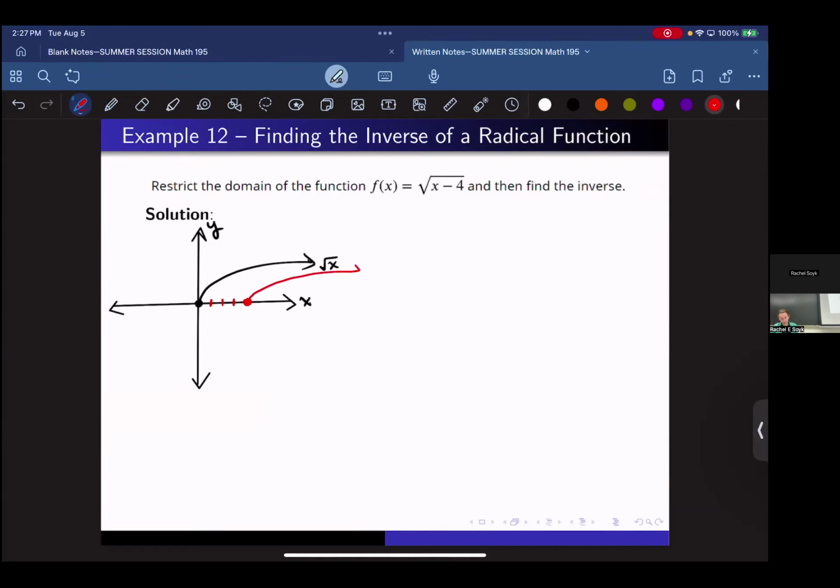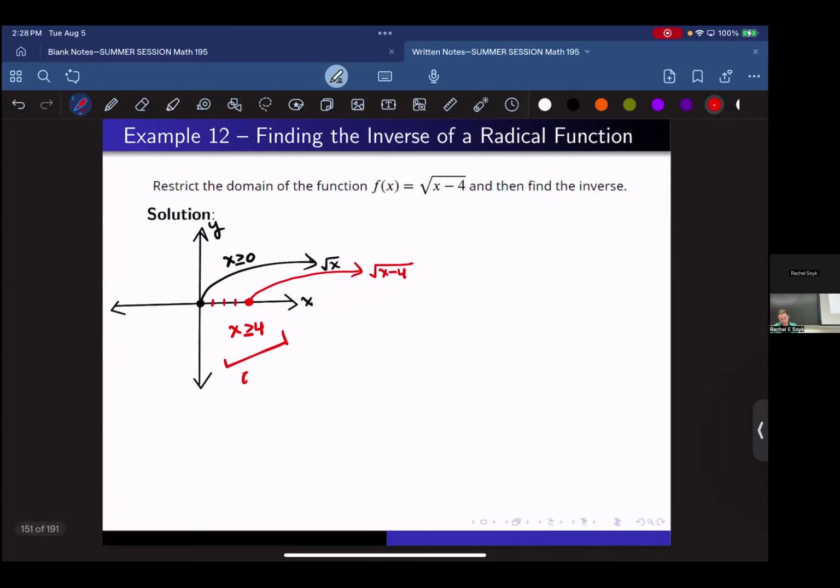It's to the right, right? And so we're really looking at this positive aspect, which means what's our domain? Our domain has to be greater than or equal to, well, with our toolkit, it's greater than or equal to 0. But with our x minus 4, it's going to be greater than or equal to 4, exactly. So this is our domain restriction.